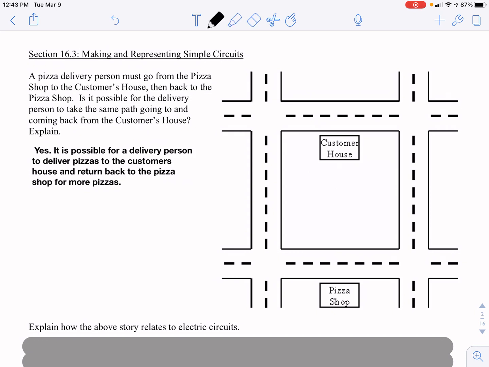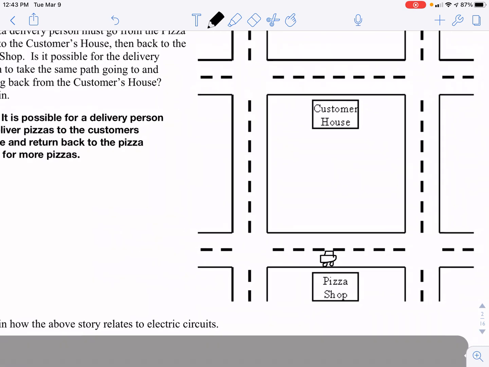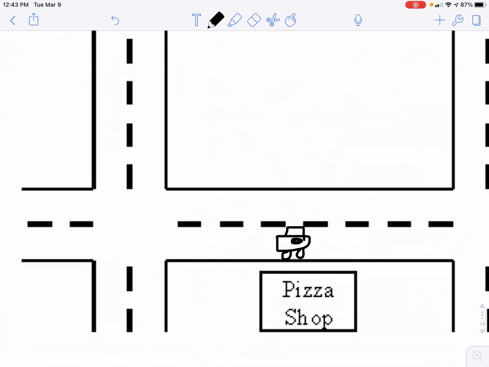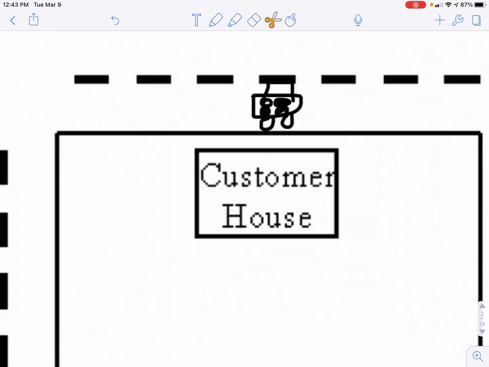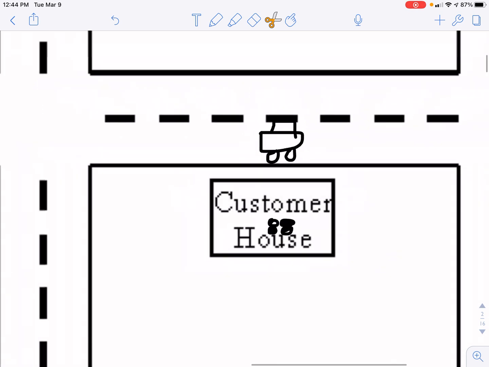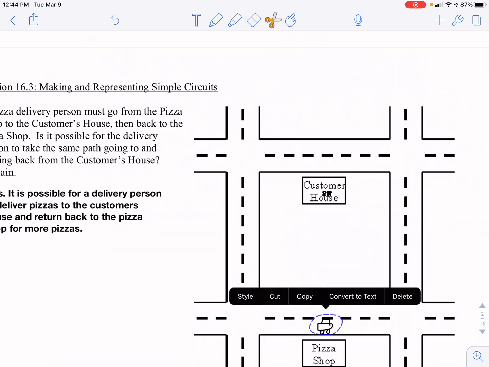The delivery driver could gather the pizzas at the pizza shop, take them to the customer's house, deliver the pizzas, and then return back to the pizza shop to gain more pizzas.